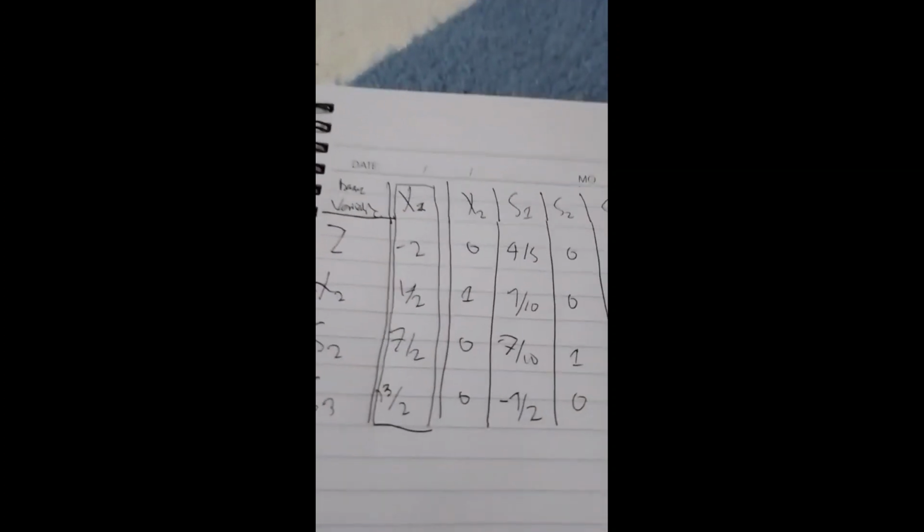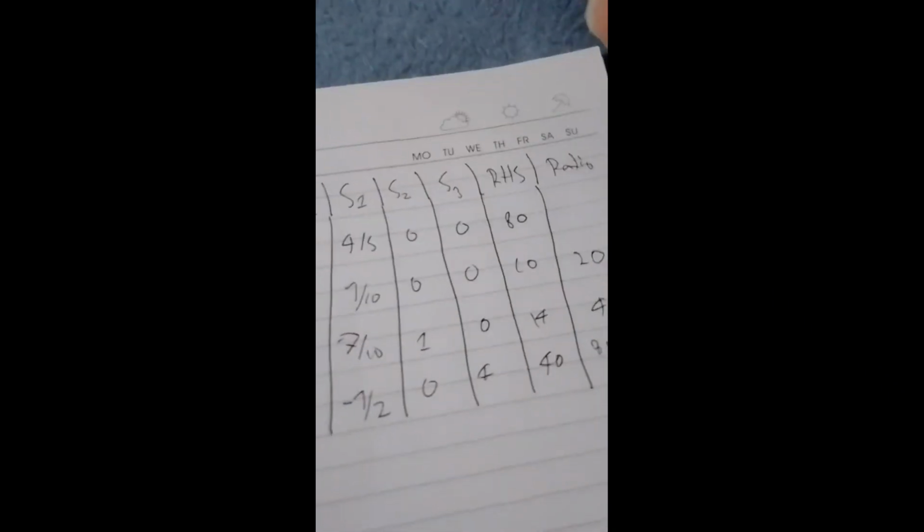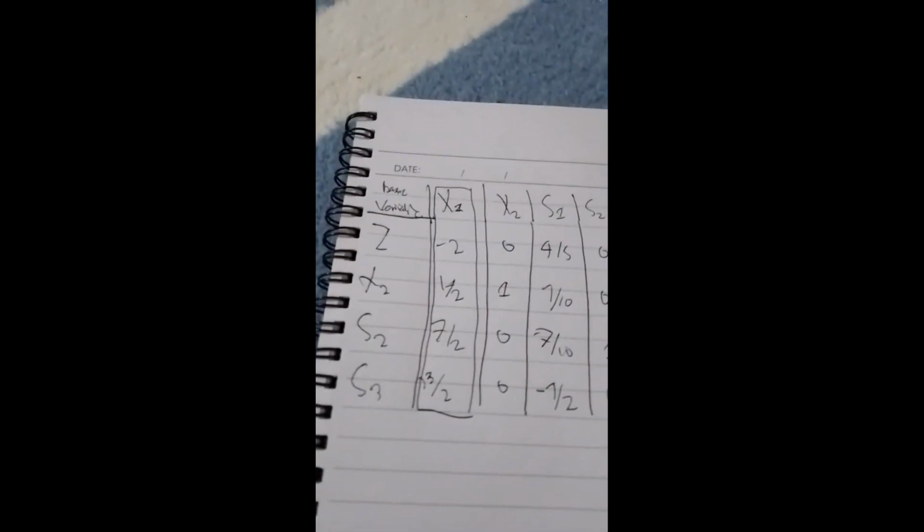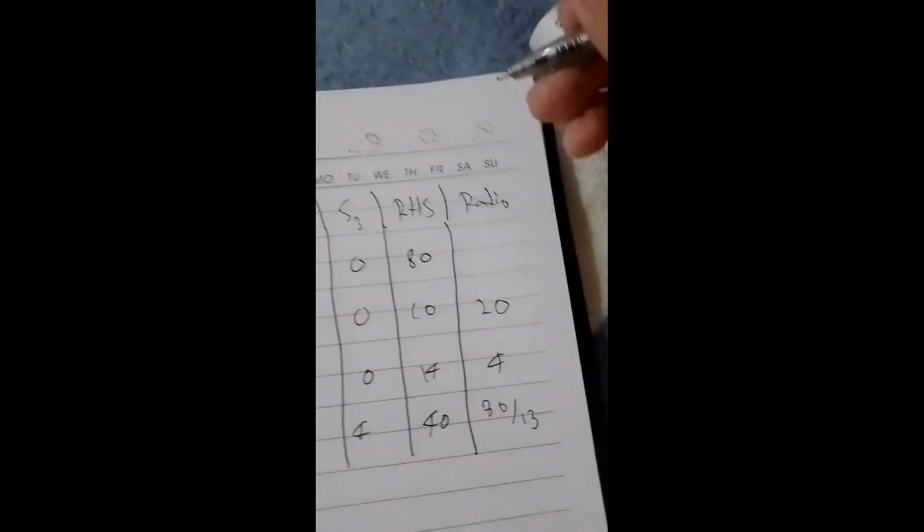I-divide natin yung 10 sa 1/2. 10 divided by 1/2 is equal to 20. 14 divided by 7/2 is equal to 4. And 40 divided by 13/2 is equal to 80/13. Ayan. So, ang pinakamababa na positive ratio is 4.